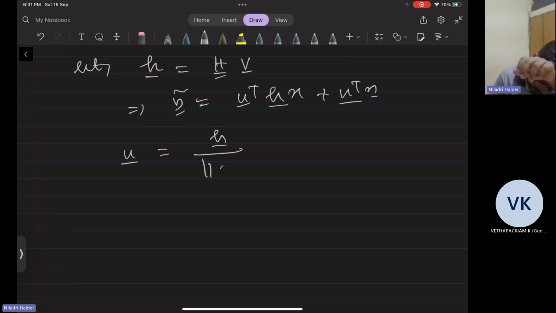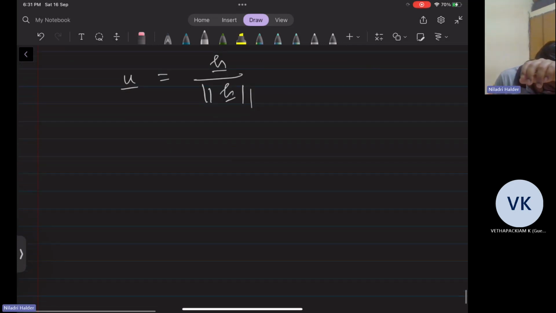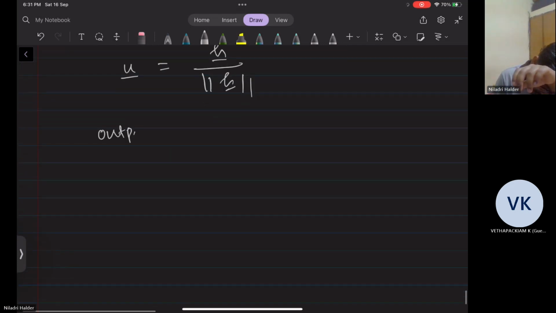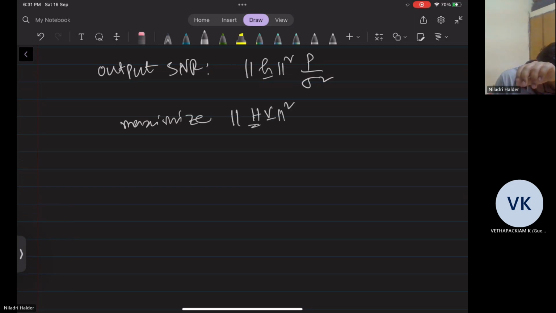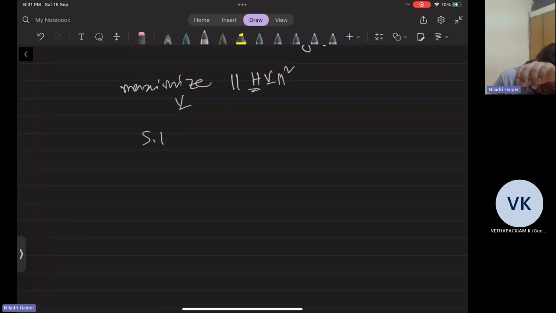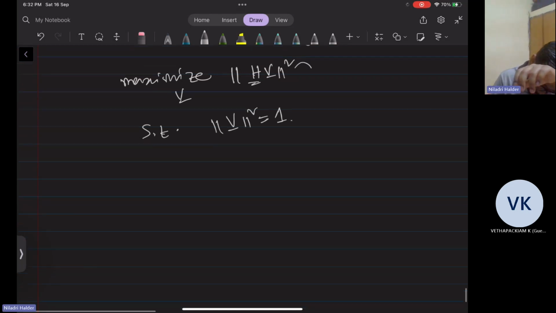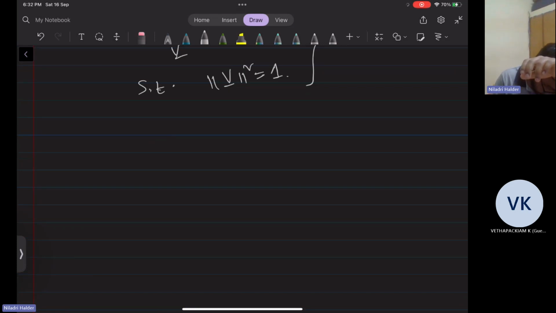h over norm of h. So then output SNR, to maximize, subject to the constraint. So solving this thing we will get ultimately, I am just avoiding the derivation.